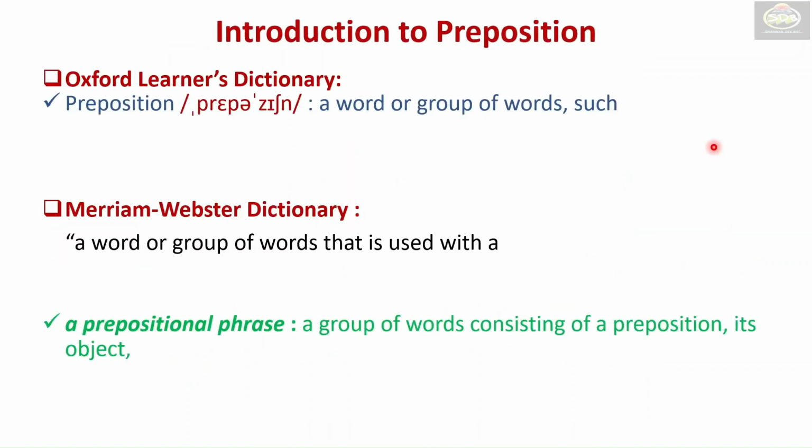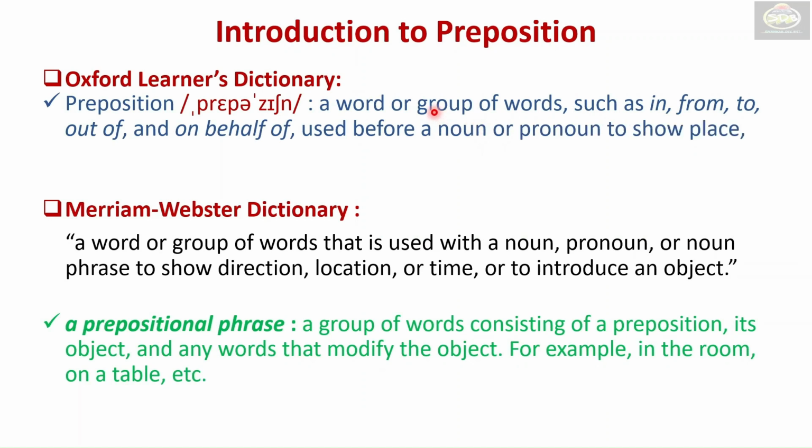First of all, let's observe the definitions of preposition. Oxford Learner's Dictionary defines a preposition as a word or group of words such as in, from, to, out of, and on behalf of, used before a noun or pronoun to show place, position, time or method.